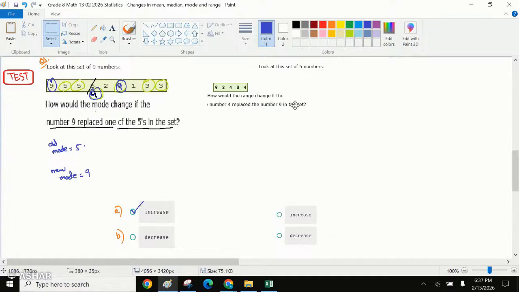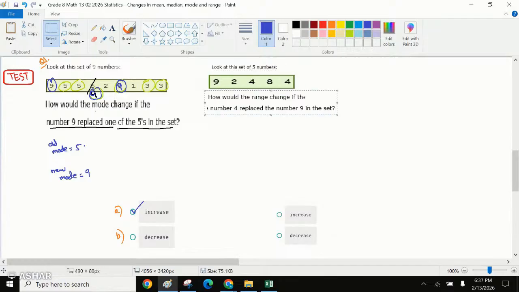Let me just copy this again. They are saying these are the given 5 numbers. What impact would there be if the number 4 replaced the number 9? And we need to look at the range.